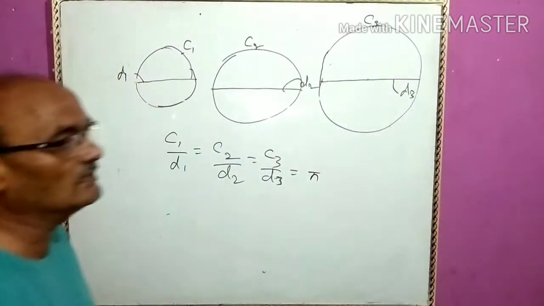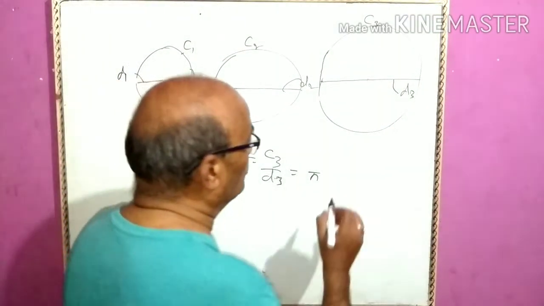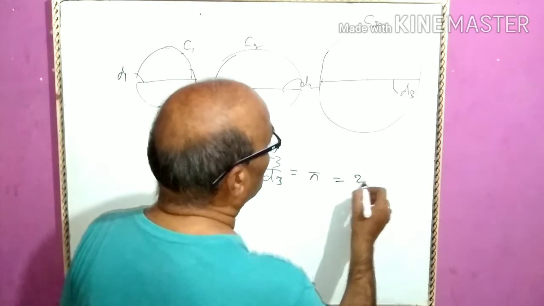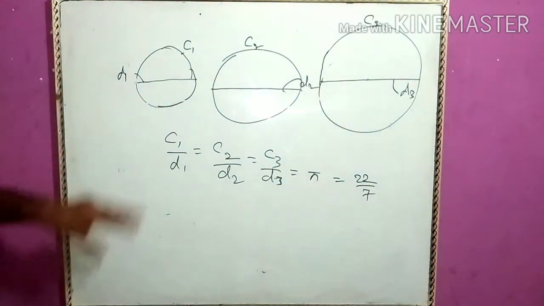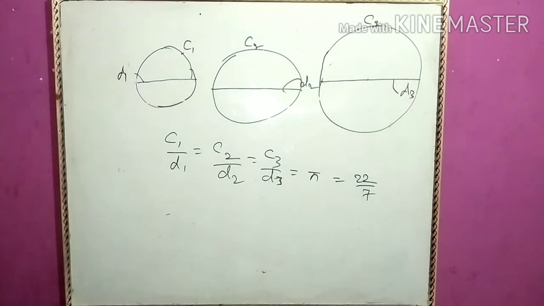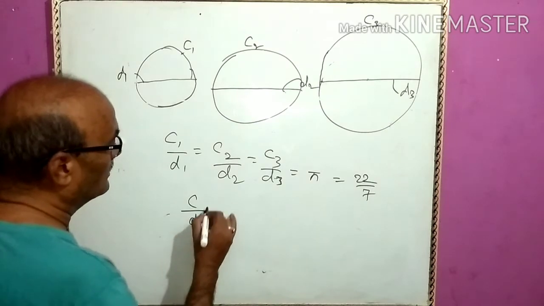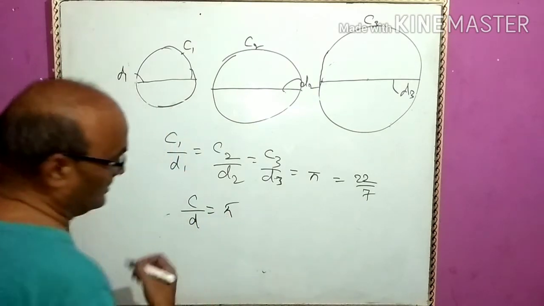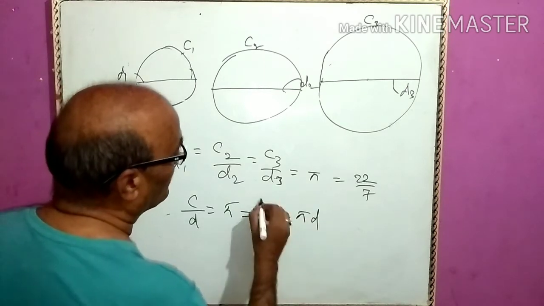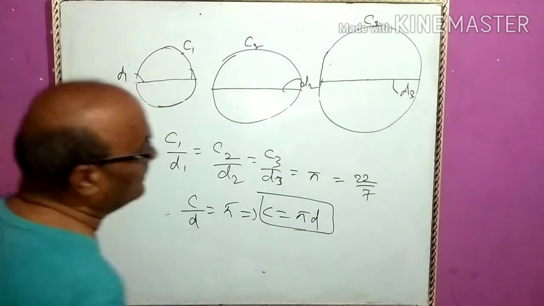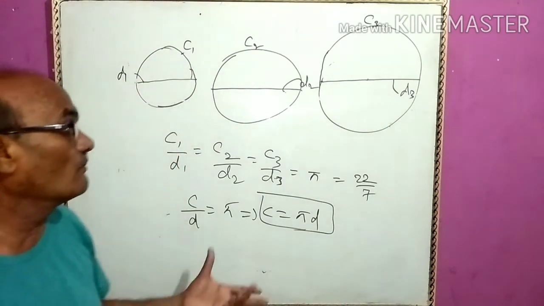It was found that this value is an irrational number whose approximate value is 22 by 7. Now suppose we generalize. It means C by D is equal to pi in general. So it means C is equal to pi d. It is an important relation between the circumference and diameter of a circle.